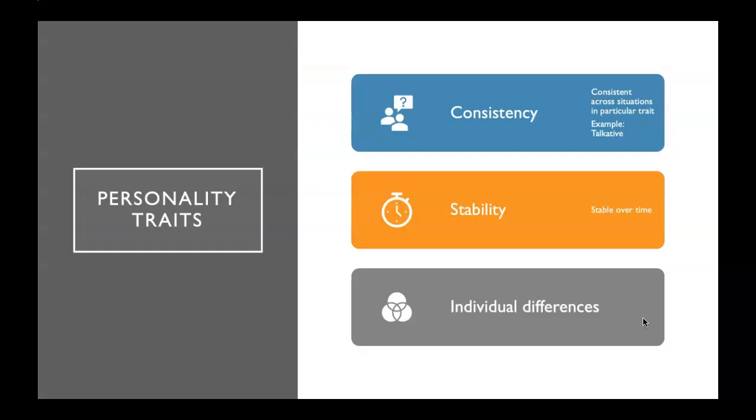So with personality traits, they're going to be consistent, stable, and be different amongst different individuals. So that consistency again, if someone is talkative, right? Let's say they are just a talkative person. My husband is a very talkative person. I'm going to use him as an example. He's in the other room. I don't know if he can hear me. He's a very talkative person.